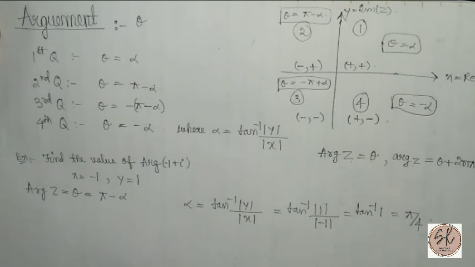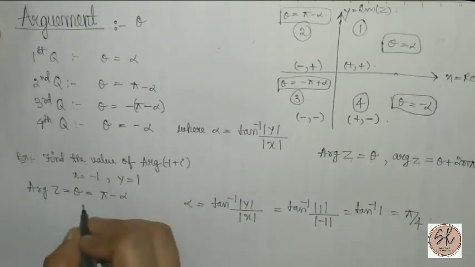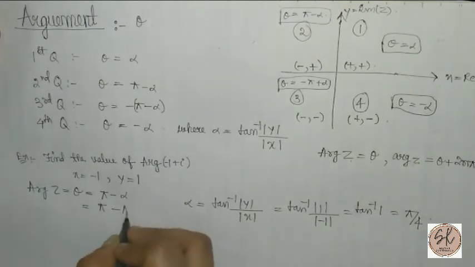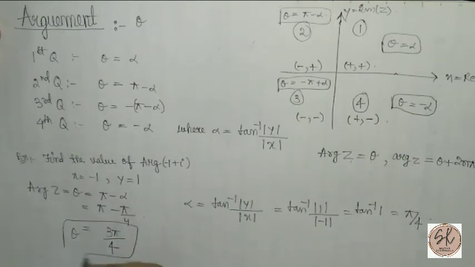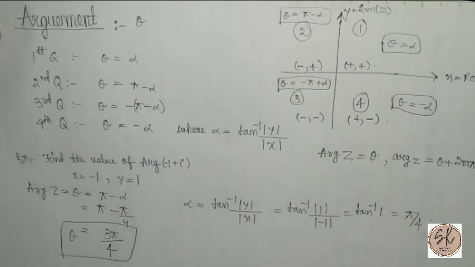Okay, now here theta is equal to pi minus pi by 4, which is equal to 3 pi by 4. So this is the value of arg of minus 1 plus i.